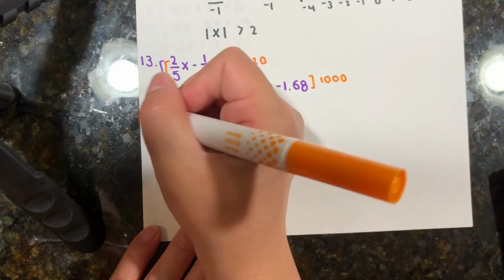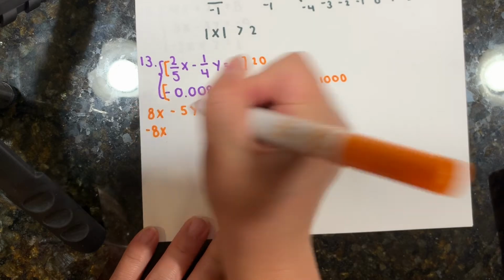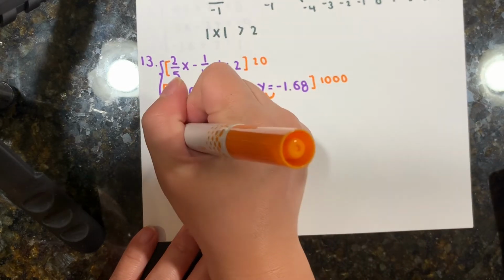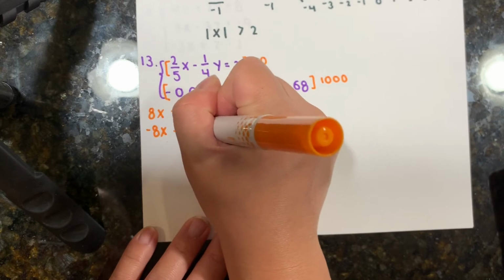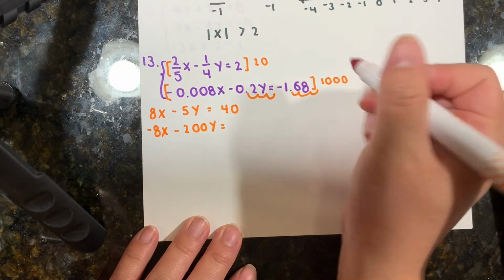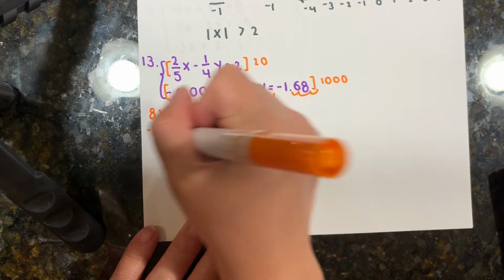When I multiply the bottom by 1,000, it's going to be negative 8x minus 200y equals negative 1,680.